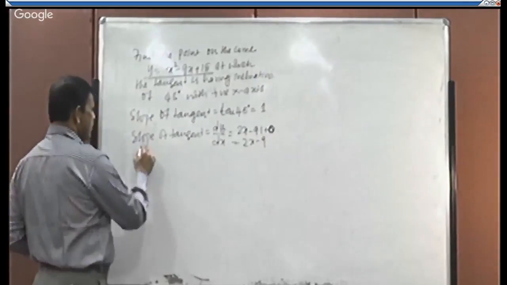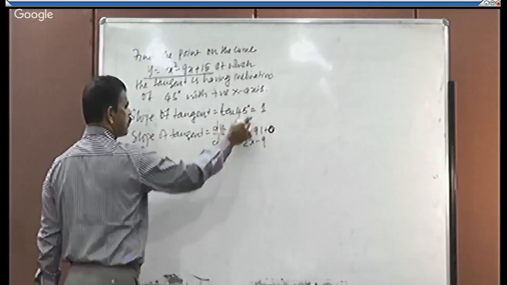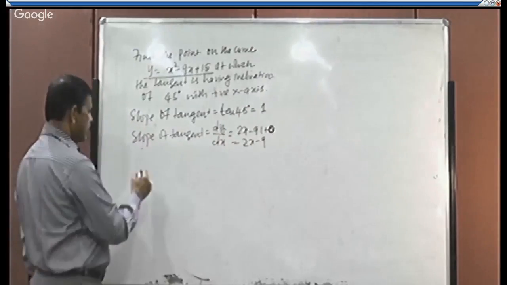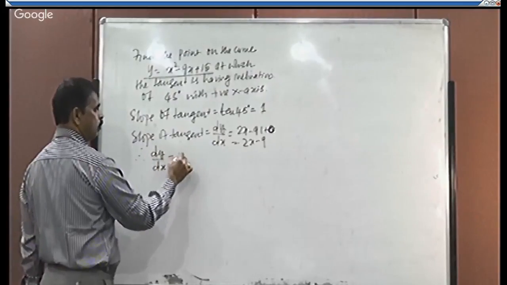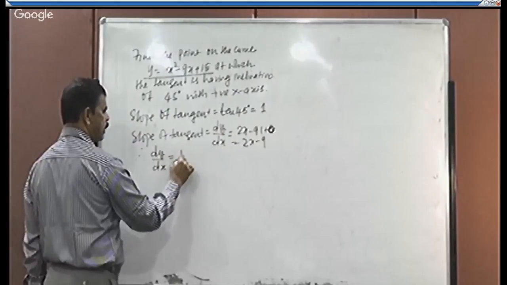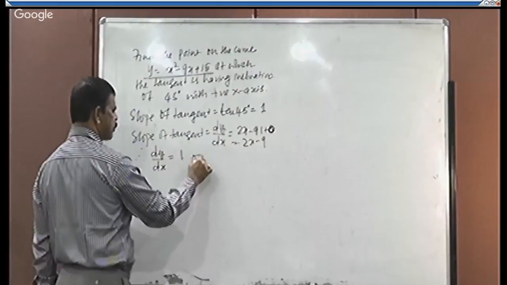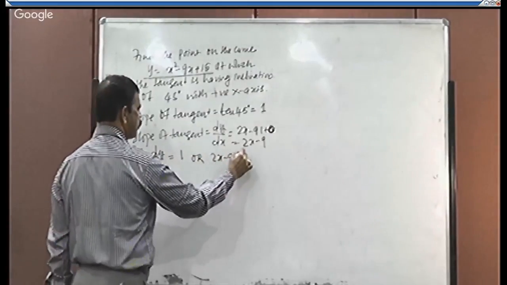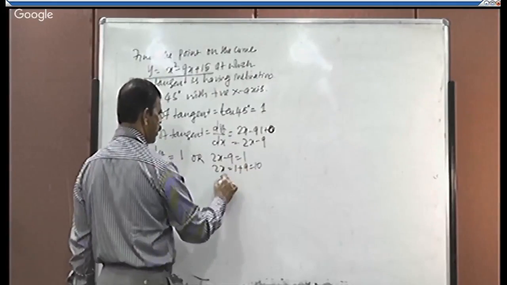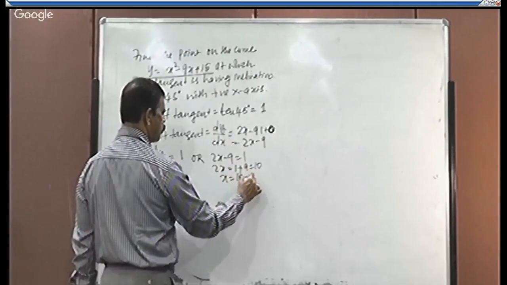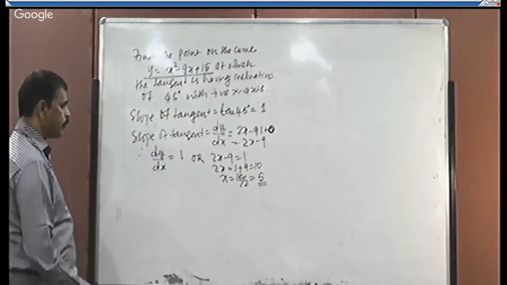So slope of tangent is 1. Slope of tangent is dy by dx; they are one and the same. Therefore, dy by dx is equal to 1. What is dy by dx? 2x minus 9 is equal to 1, or 2x is equal to 1 plus 9, which is 10, or x is equal to 10 by 2, which is 5.